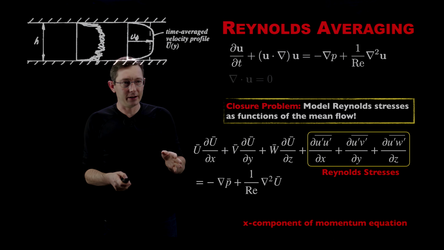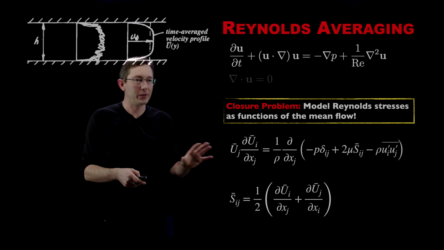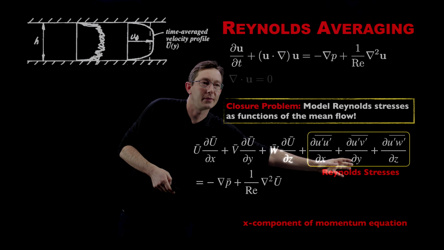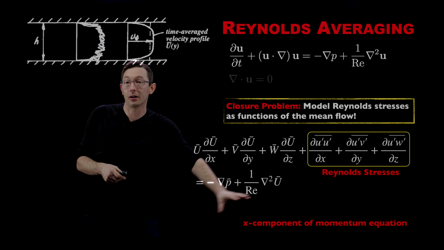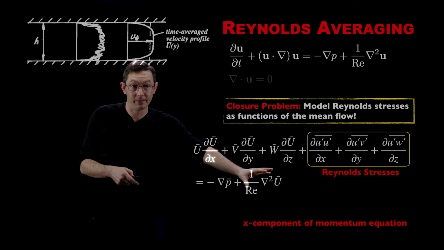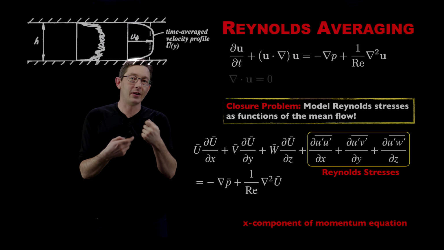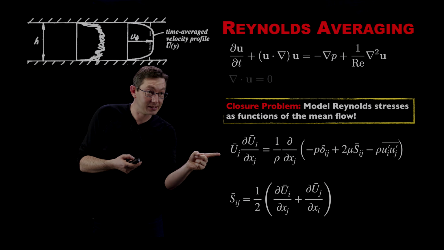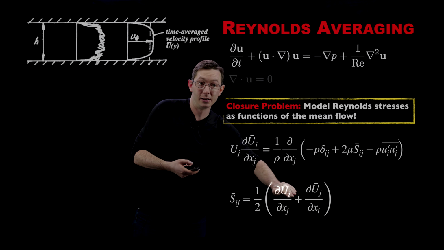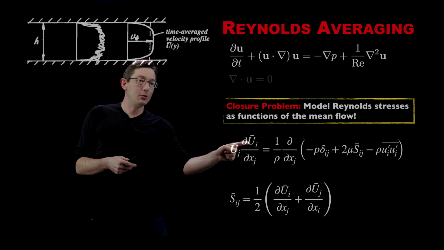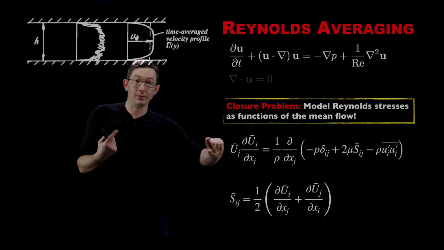There is an alternative approach, which I'm going to walk through. Going back to our x momentum equation, you can write this in Einstein notation like this. So this is actually all 3 of the equations. If i equals 1, that would be the x equation.